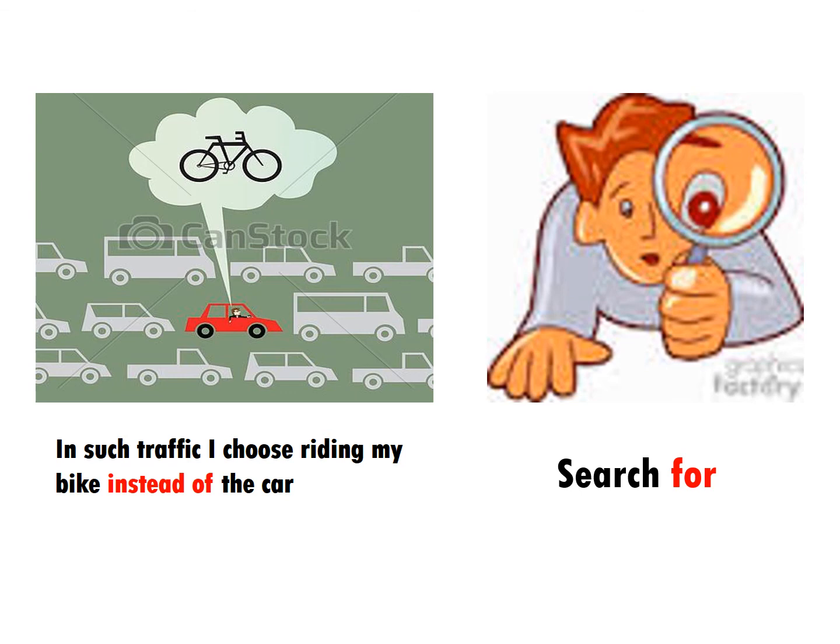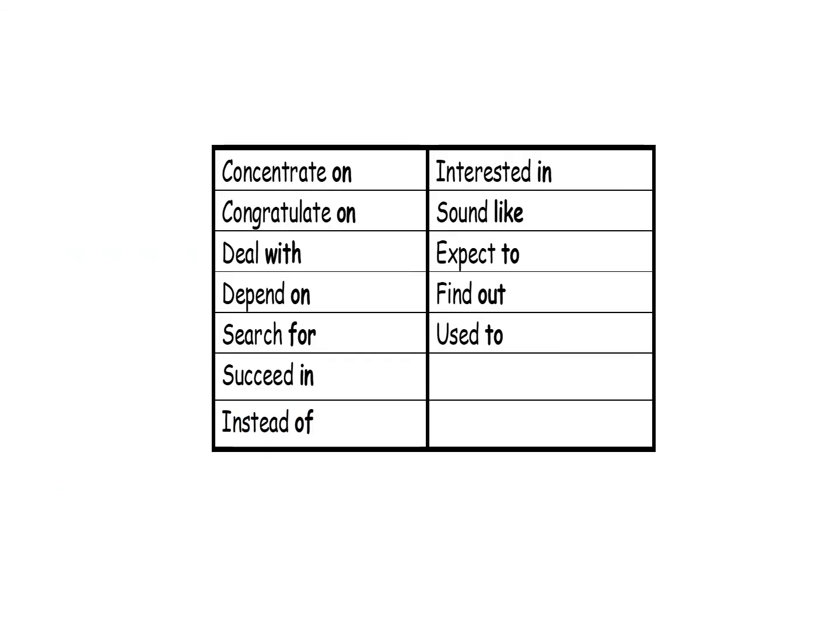Search for. Now to wrap up: concentrate on, congratulate on, deal with, depend on, search for, succeed in, instead of, interested in, sound like, expect to, find out, and used to.